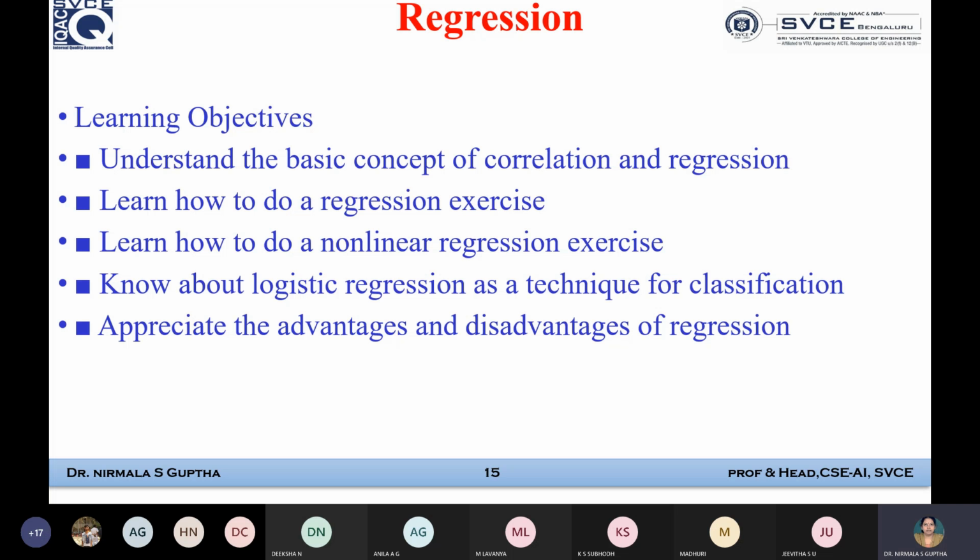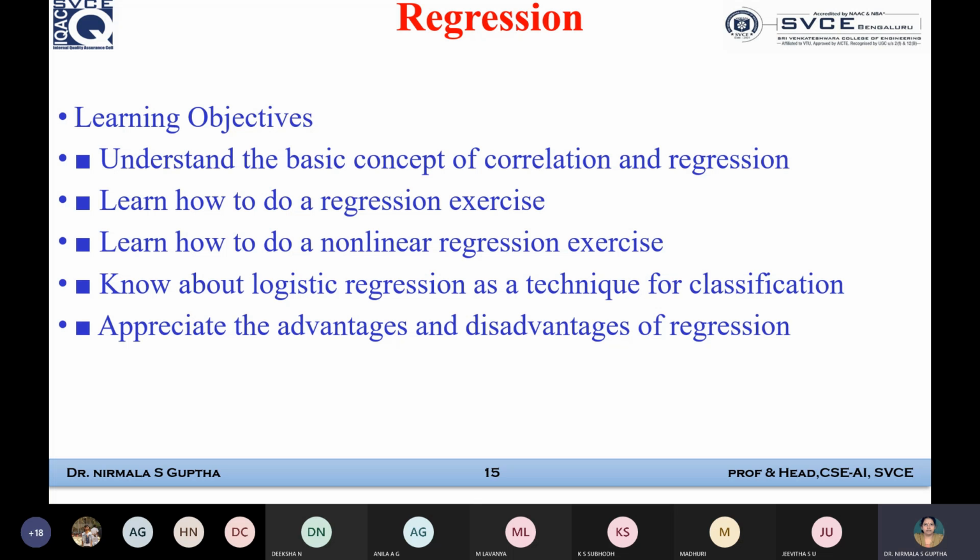We need to understand the basic concept of correlation and regression. We need to learn how to do regression exercises, like what we have done in the decision tree also. Learn how to do a non-linear regression exercise, because there are different types of regressions which I'm going to discuss in the consecutive classes, or today itself if time permits.